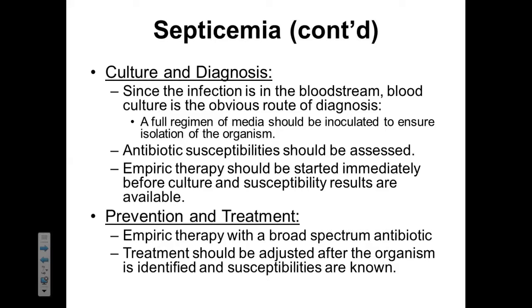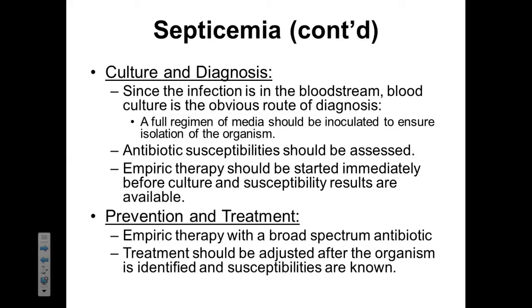Antibiotic susceptibilities of these microorganisms should also be assessed as well. So we could do a Kirby-Bauer test on a blood agar plate to both culture the microorganisms and test the microorganisms' resistance to particular antibiotics, all at the same time.